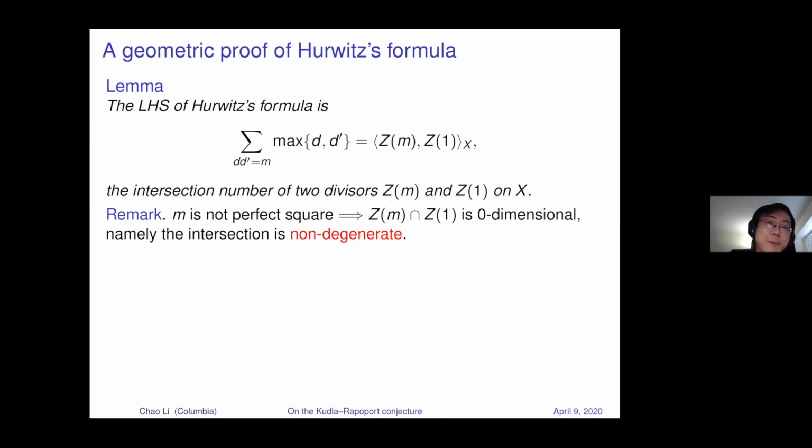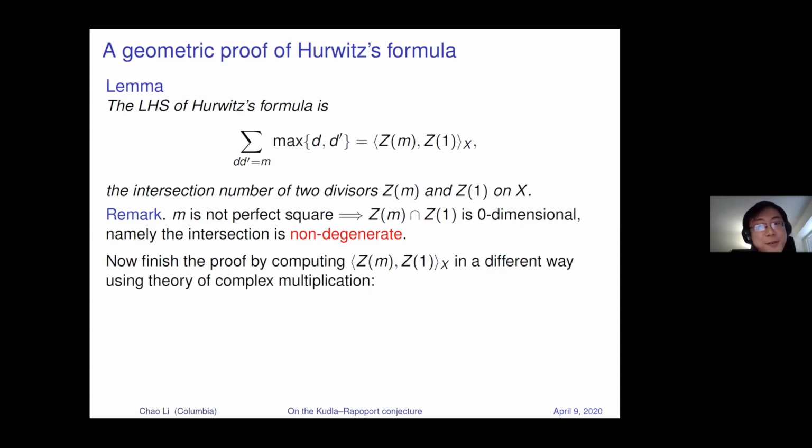But if m is not a perfect square, then this elliptic curve has to have an actual endomorphism. So it has to have complex multiplication, and then you use the theory of complex multiplication to compute this weighted sum of CM elliptic curves.